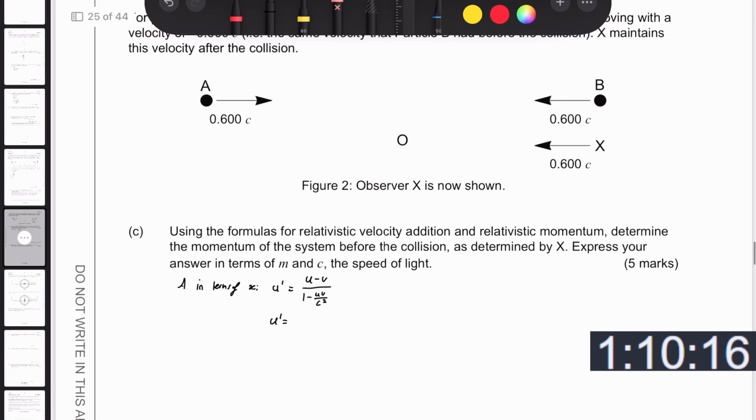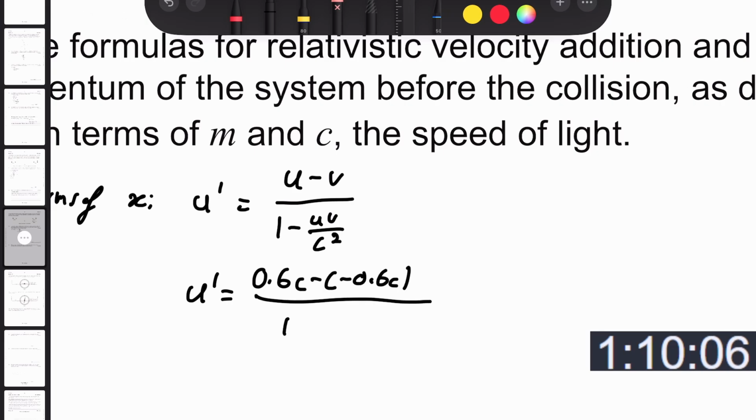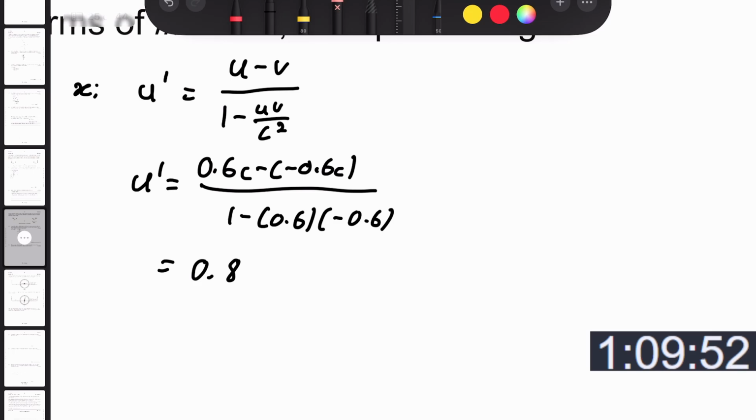So in x's frame of reference, this is going to be 0.6c minus negative 0.6c over 1 plus 0.6 times 0.6, so this is going to be 0.8824c.